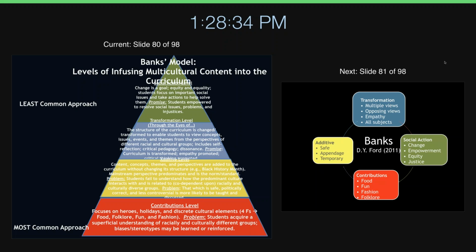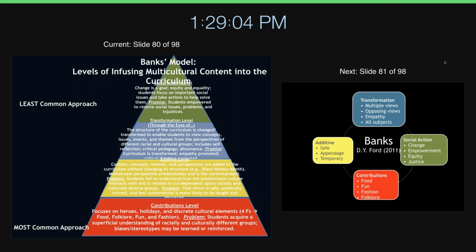When you see that your curriculum, your materials, your activities, your videos, your discussions are focusing on the 4 F's only or primarily, then it is problematic. It is at the lowest level. Let me repeat myself. It is at the lowest level of multicultural content infusion.